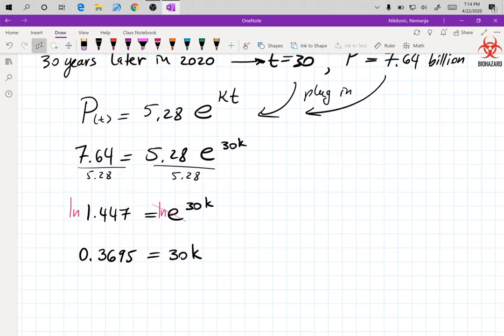And now I just divide the previous number by 30 to get that k is equal to 0.01232, because the next digit is 5, so it will round it up.